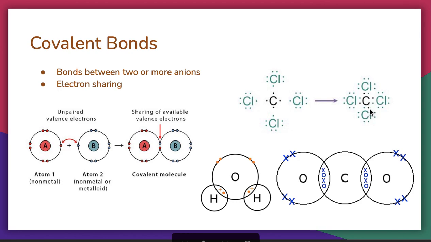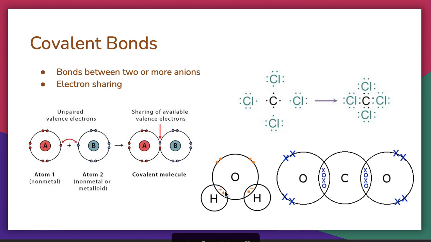You can see that the black dots are the carbon's electrons, and the greenish turquoise dots are the chlorine electrons, and if you look at each individual atom, it looks like they all have 8 in their outermost shell. So they're sharing that.